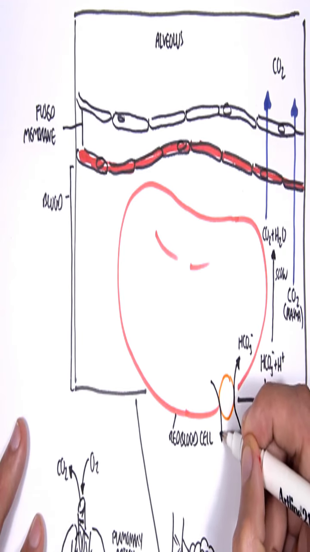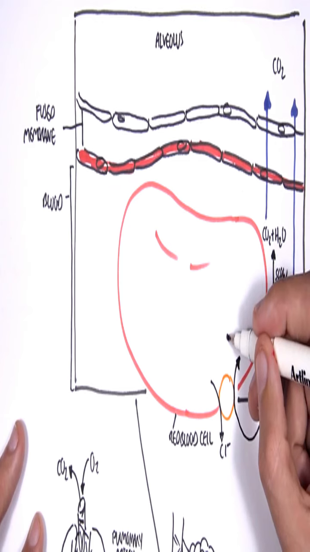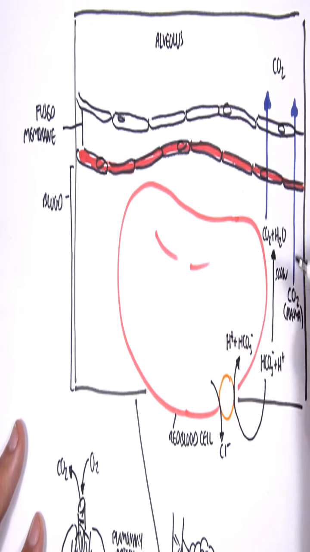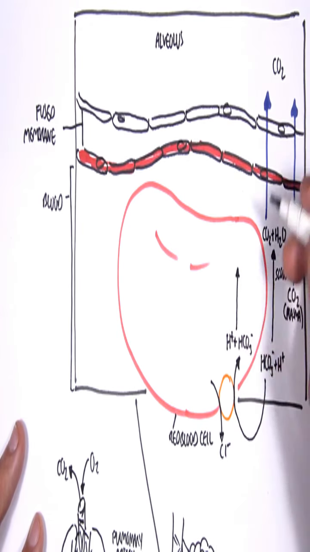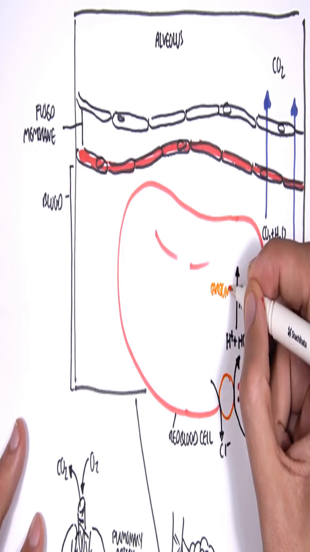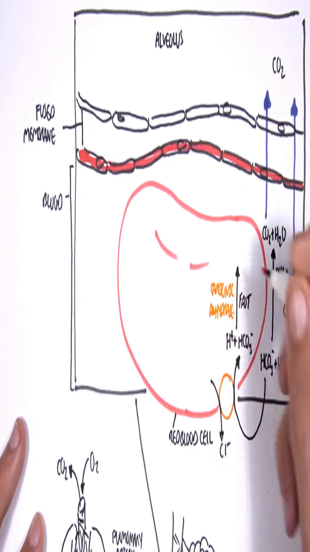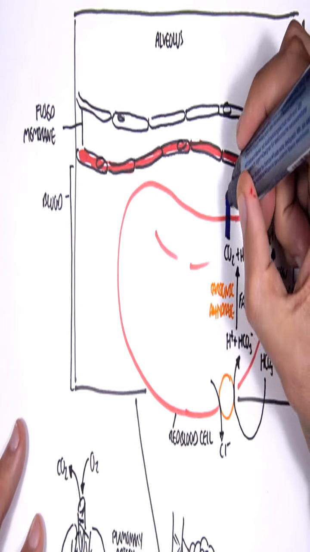Within the red blood cell, bicarbonate can react with hydrogen ion, and through a fast process, with the help of the enzyme carbonic anhydrase, the bicarbonate and hydrogen reaction can form carbon dioxide and water. And it's fast compared to the outside because there's an enzyme present.